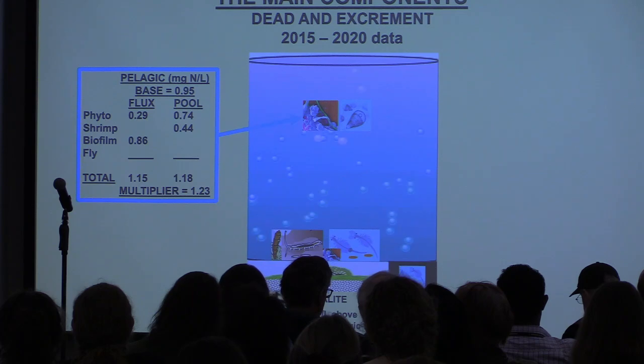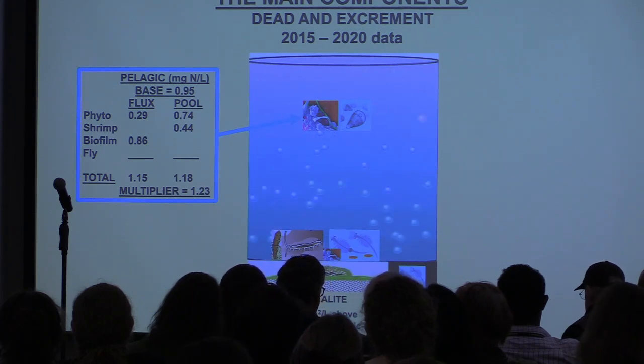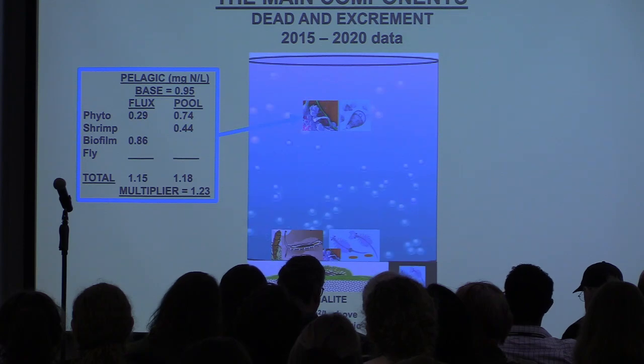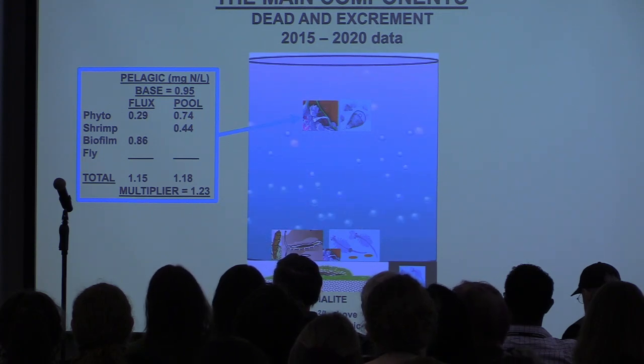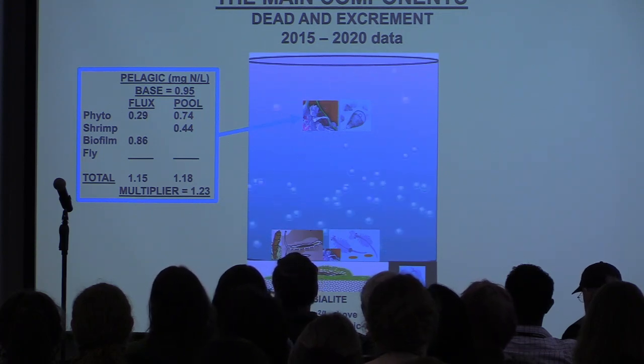That means that because things are cycling so quickly, it's equivalent to 1.23 times what that base nitrogen is. This is the economics term. You spend $1, and over time that buck magnifies as it goes through the economy and is spent over and over again. That's what we're talking about here.